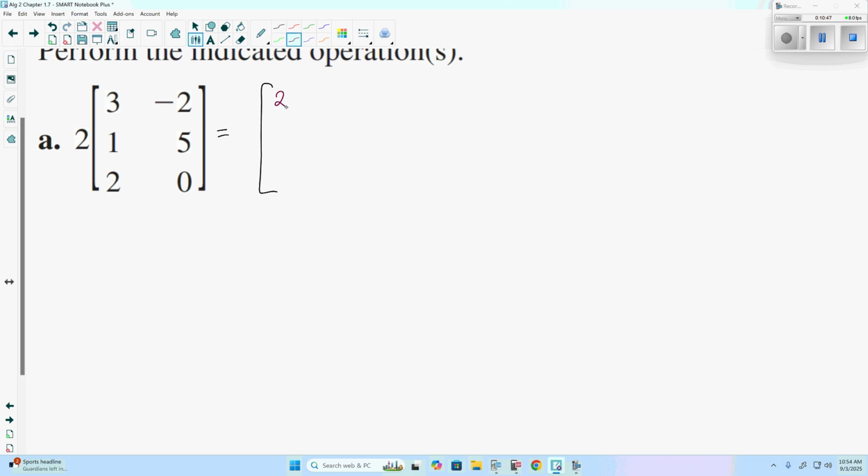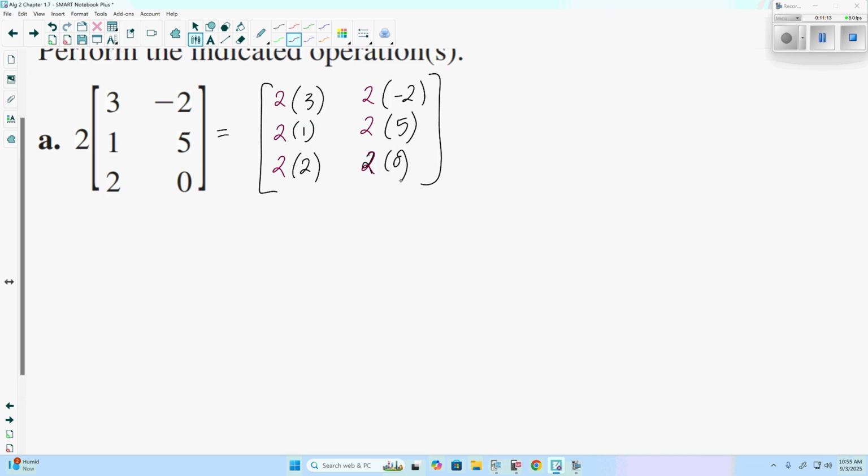So we're going to say 2 times 3 and 2 times negative 2 and 2 times 1 and 2 times 5 and 2 times 2 and 2 times 0. So we're going to multiply every element in that matrix by 2.